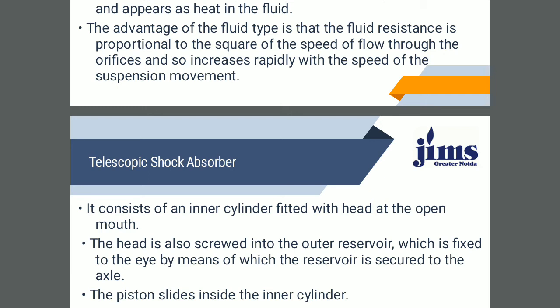There are basically two types of shock absorber: one is the mechanical and the other is the hydraulic shock absorber. This one is the principle of the hydraulic shock absorber.